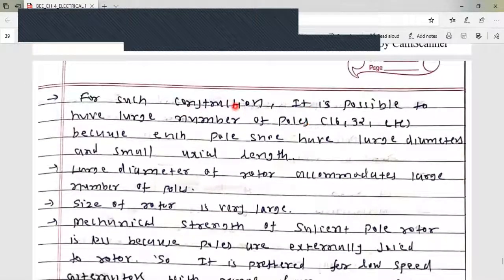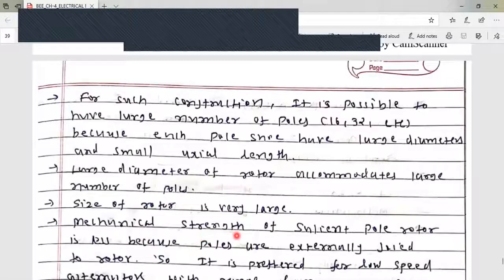For such construction, it is possible to have a large number of poles, like 16 or 30, because the rotor has a large diameter and small axial length. The large diameter of the rotor accommodates a large number of poles. Due to that large diameter, the size of the rotor is very large.